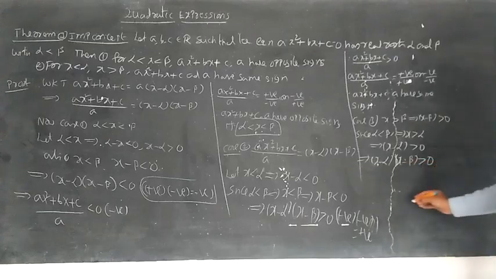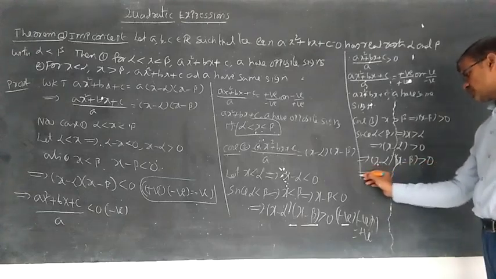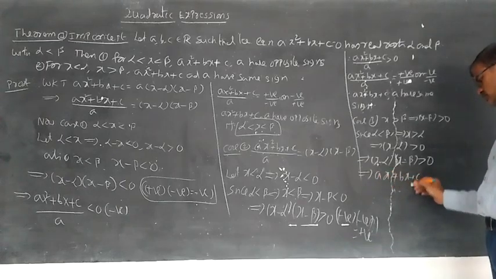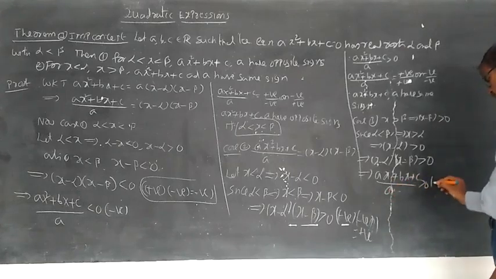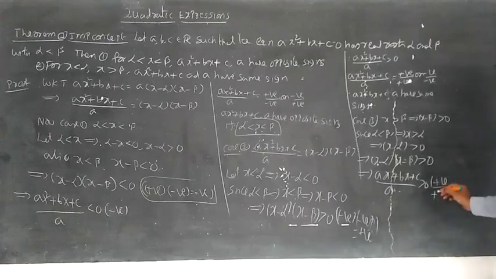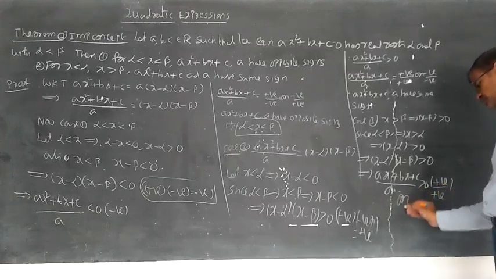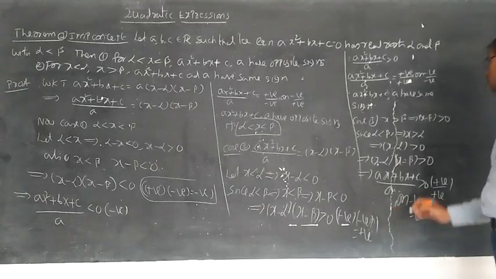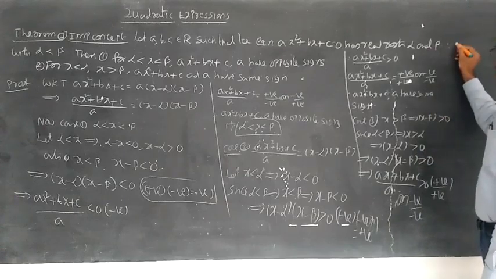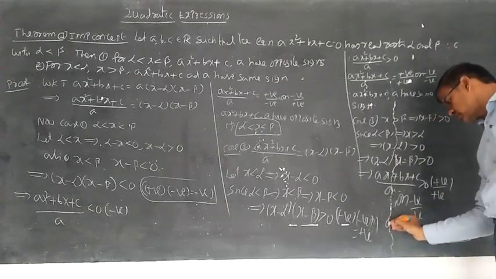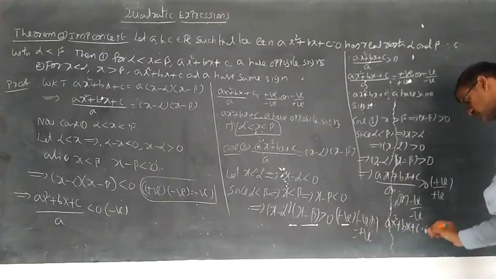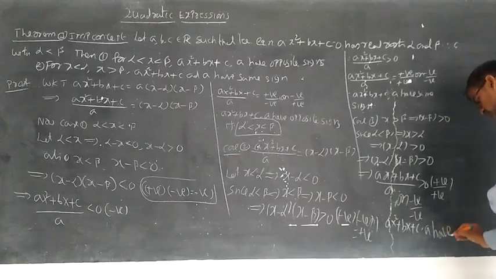That implies this is positive: (ax square plus bx plus c) by a greater than 0. The concept is positive by positive or negative by negative. Therefore, we can say ax square plus bx plus c and a have the same sign.